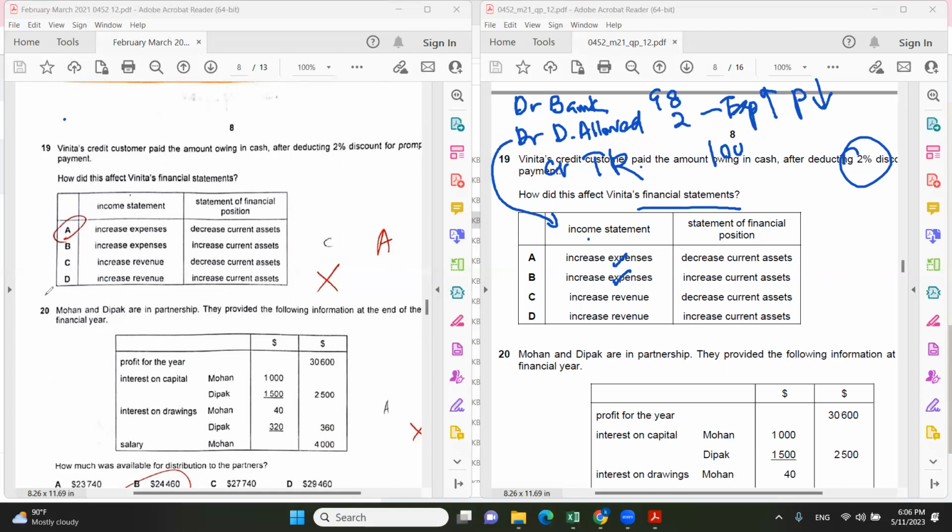These two are the current asset. Debit side is increased, credit side is decreased. Here you receive 98, here you reduce 100. So the net will be decreased 2. So the answer should be A.